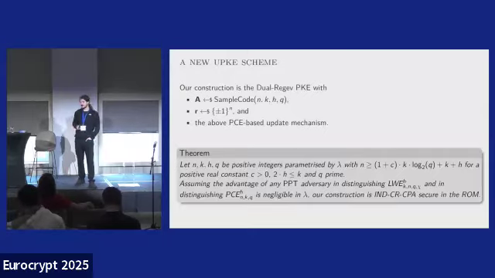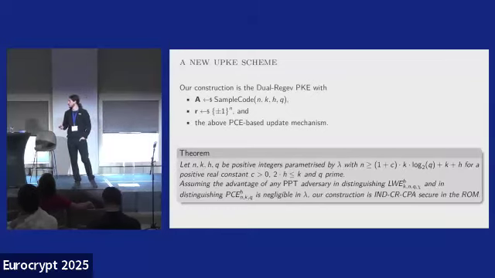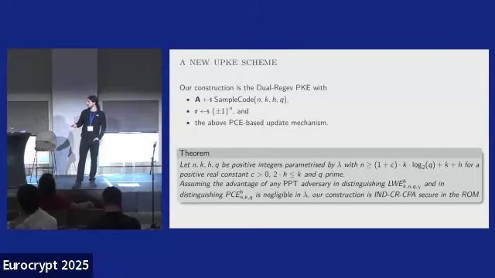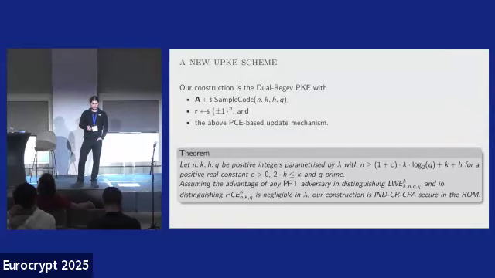And we prove in the random oracle model that if you believe that this hollow LWE is hard, which you probably should since we reduce LWE to it, and that PCE on codes with hull dimension H is hard, then our scheme is secure in this INT-CR-CPA model.